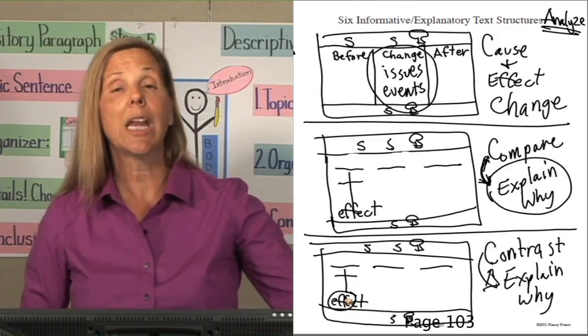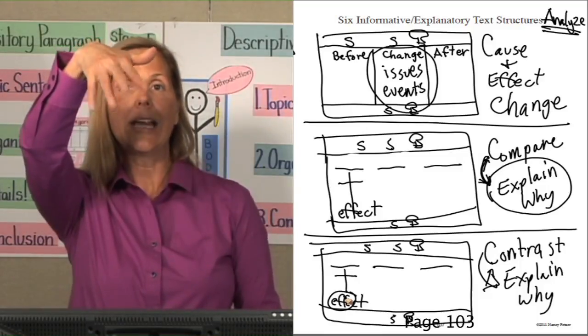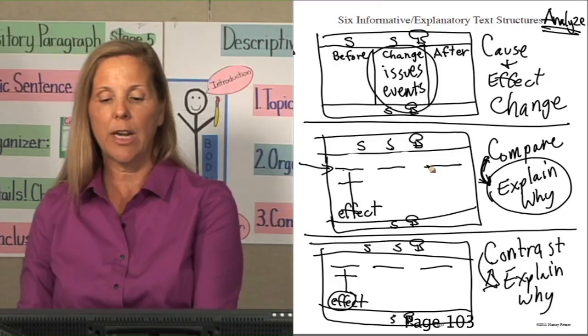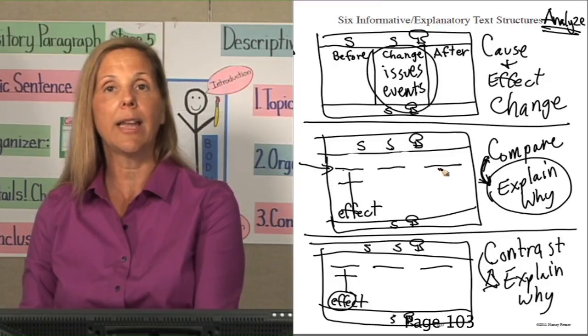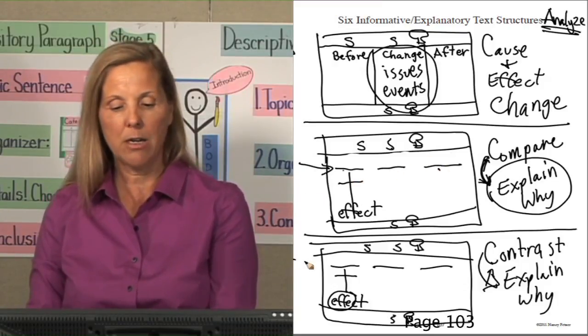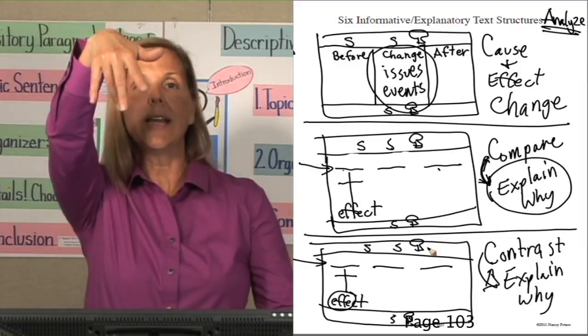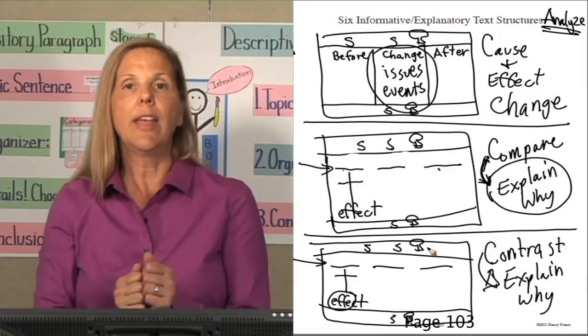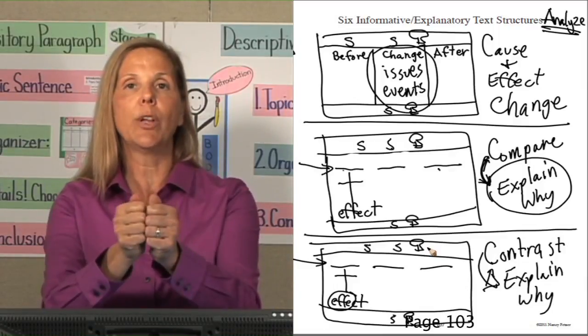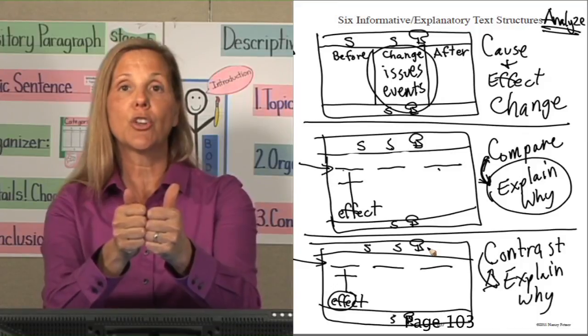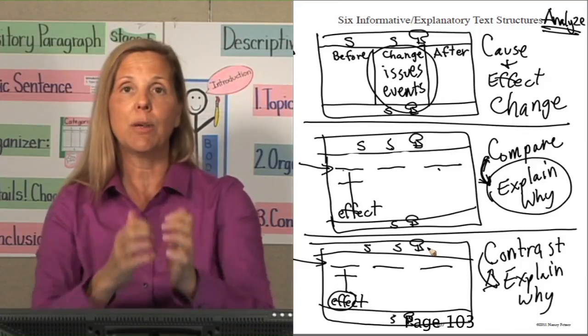Let me show you the hand signal. Identify the attributes. That's where we put a line for each attribute or characteristic that we're identifying to show how we're going to compare or show how we're going to contrast. Once we identify the attributes, then if we're comparing, then we're going to compare how the two subjects are similar to each other under this attribute.